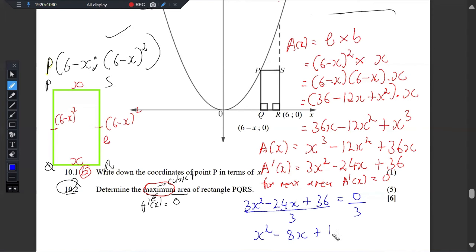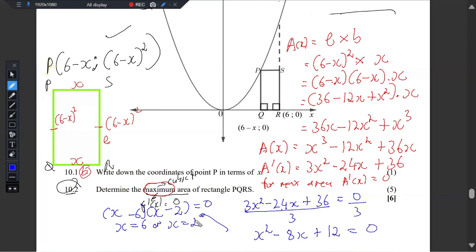It has to be 12, and then it equals 0. At this point, I need to factorize this. The factors of 12 that will give me 8 are 6 and 2. So x minus 6, and then x minus 2 is equal to 0. Then x is equal to 6, or x is equal to 2.